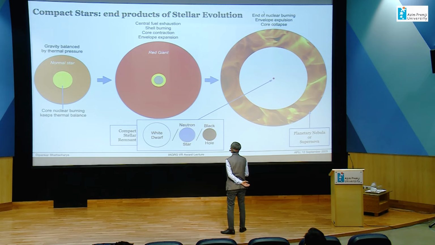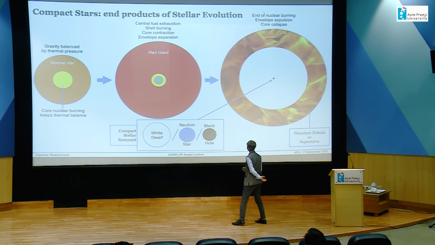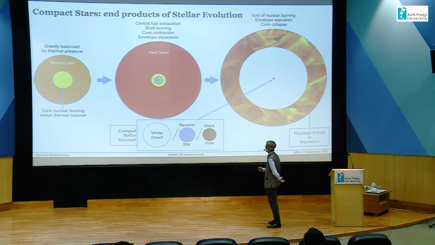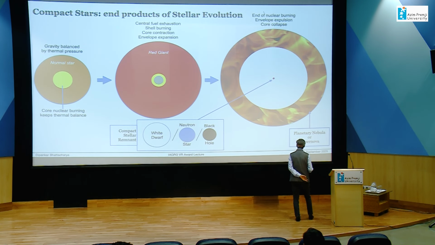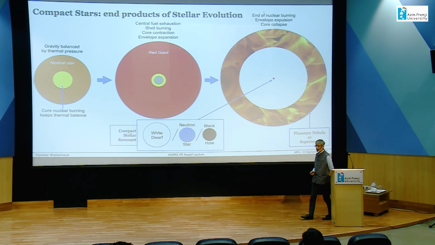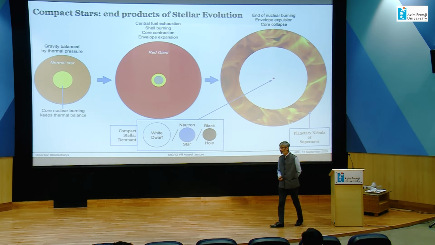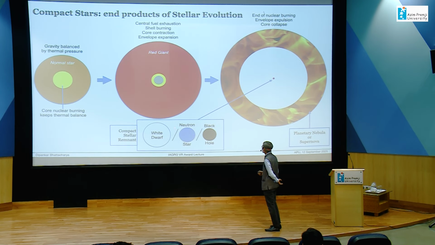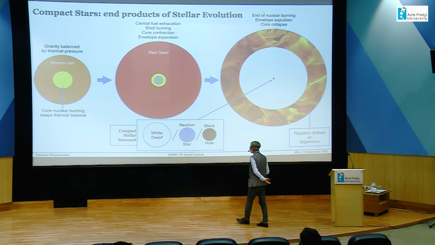And eventually, when all the burning is finished, the outer part of the star gets expelled, either gently, like in a planetary nebula, or violently, as in a supernova, and you are left with the central part of the star in a very compact form.